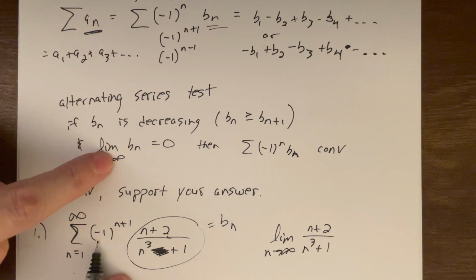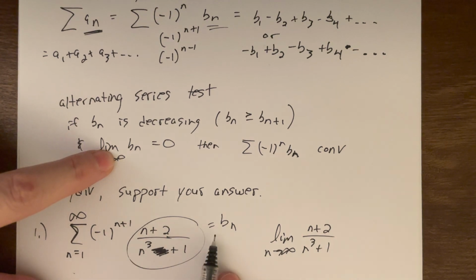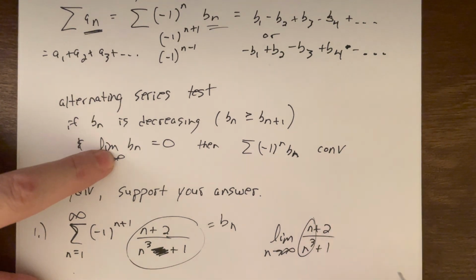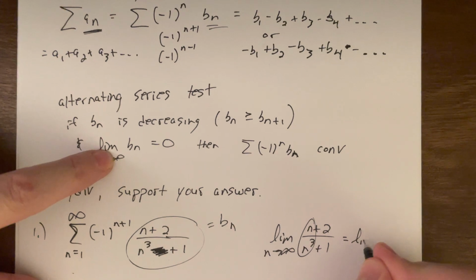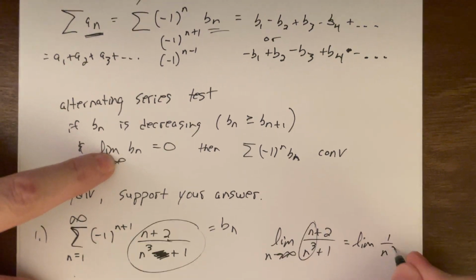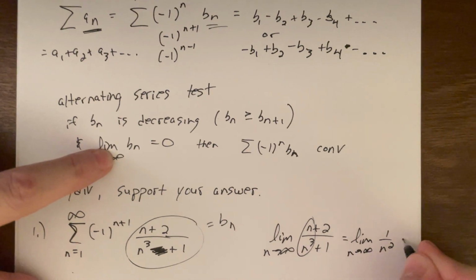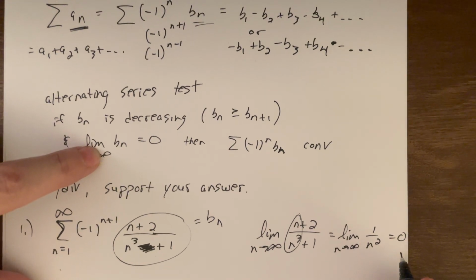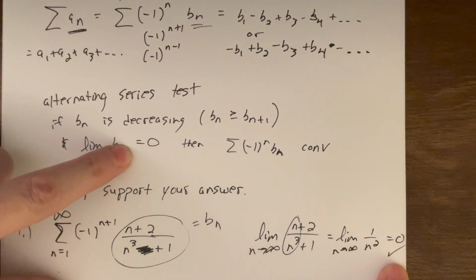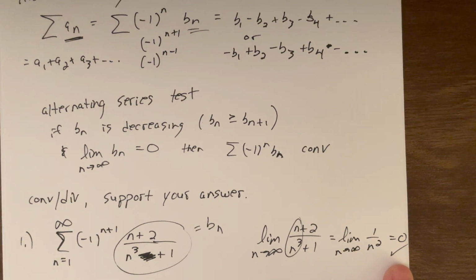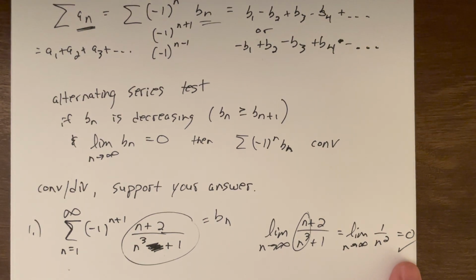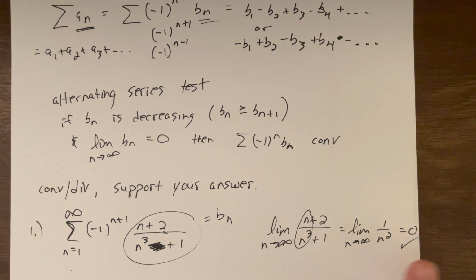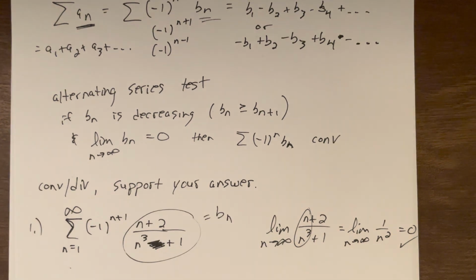When I'm doing these two, I'm just looking at the underlying b sub n. Here, dominant term, n over n cubed, can simplify to 1 over n squared. That limit is 0. Check. Not enough to make a final conclusion, but enough that we're on the right first step. So we've confirmed one of these.